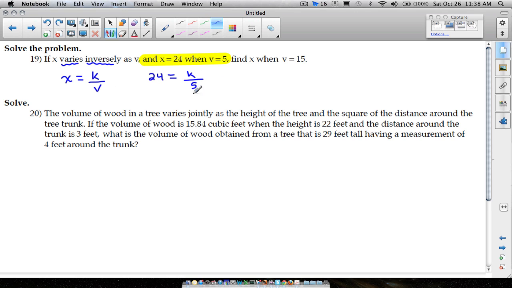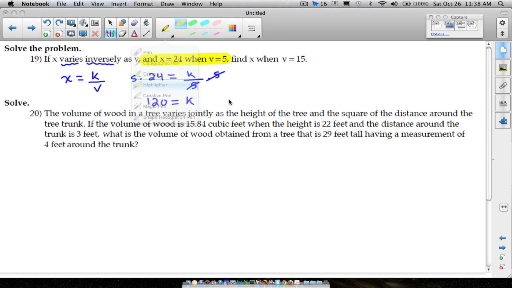Solve this rational equation real quick. All you really have to do is cross multiply or just multiply by 5, because the inverse operation of dividing by 5 is to multiply both sides by 5. So 24 times 5 gives you 120. This is equal to, when you divide by 5 and multiply by 5, they cancel out, our k.